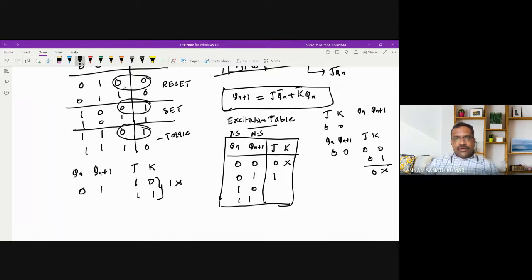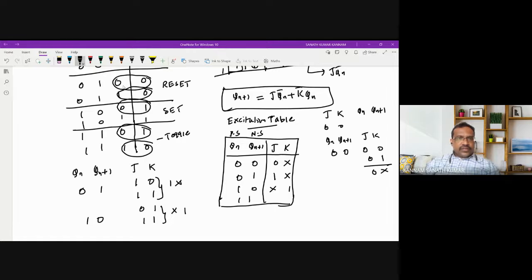So 1, don't care. And when it is 1, 0, the J and K values are 0, 1 and 1, 1. If you combine, J values are 0 and 1 and K value is 1, so this is nothing but don't care, 1.